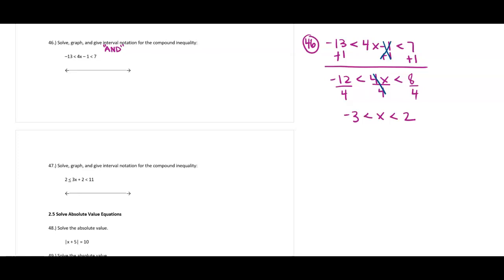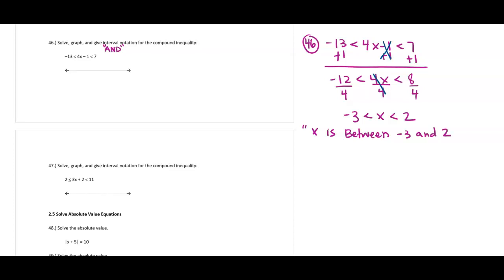Okay. Or remember the other way that we can read this, as negative 3 is less than x, which is less than 2, but that doesn't really help you visualize what's happening. You can read this as x is between negative 3 and 2.